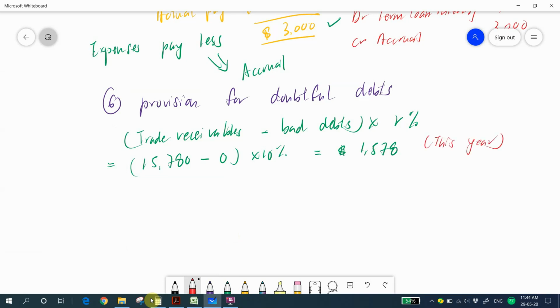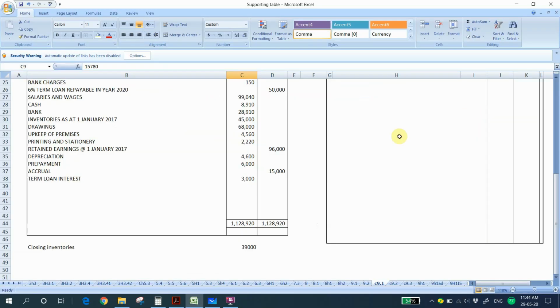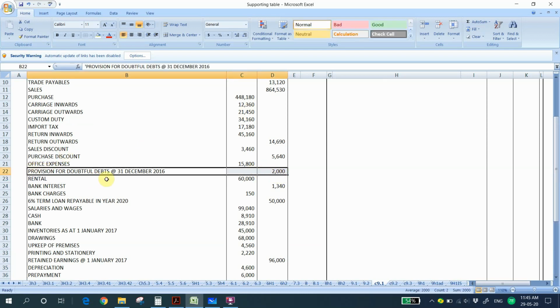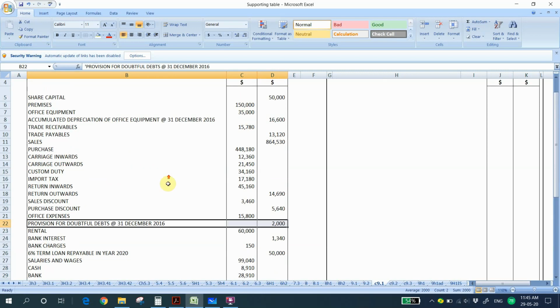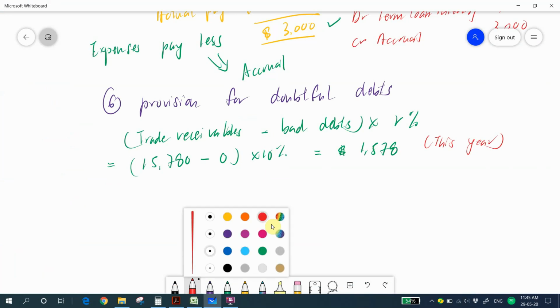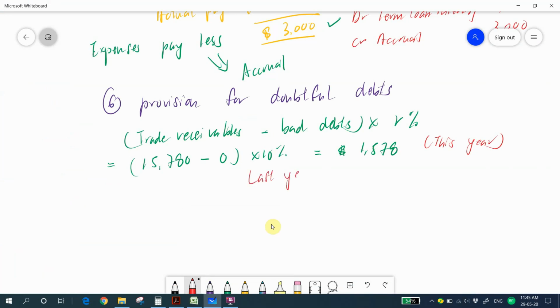So we have to scan our trial balance to see whether we have any provision for doubtful debts or not. Do we have provision for doubtful debts? Yes, we do. The provision for doubtful debts at 31st December 2016, the prior year balance, is 2,000. So we have to do an analysis. Last year is 2,000.